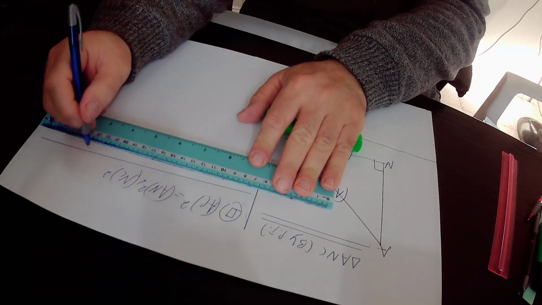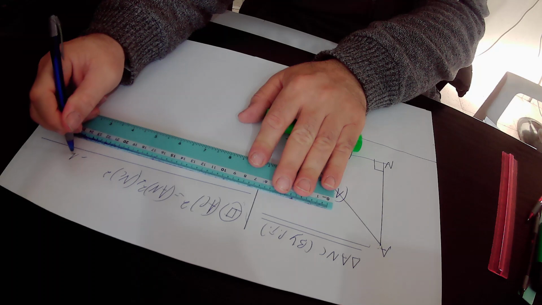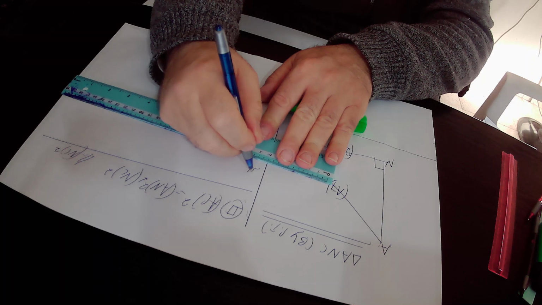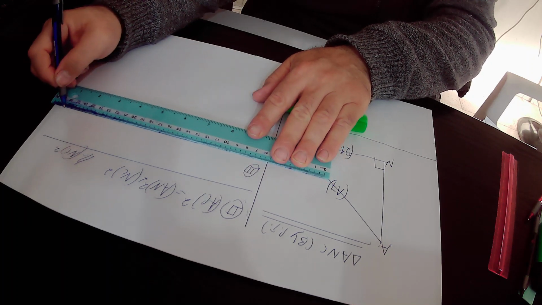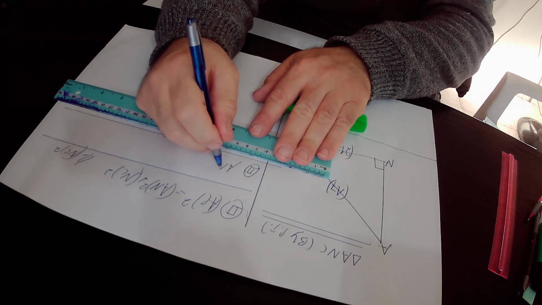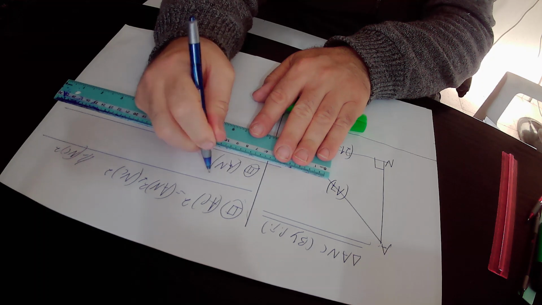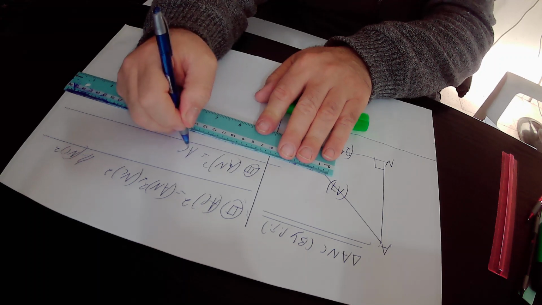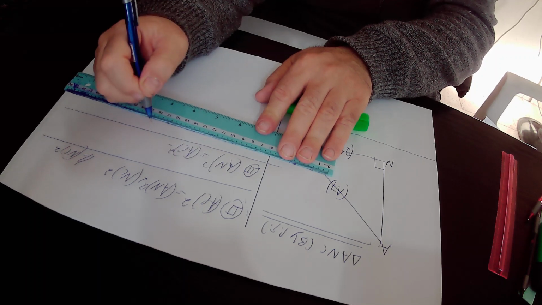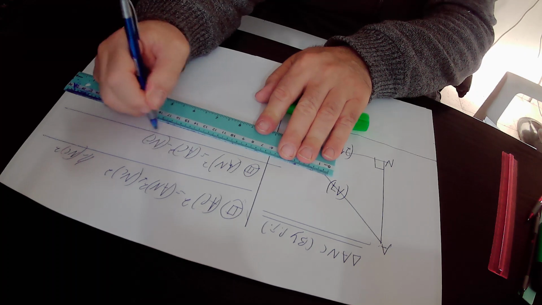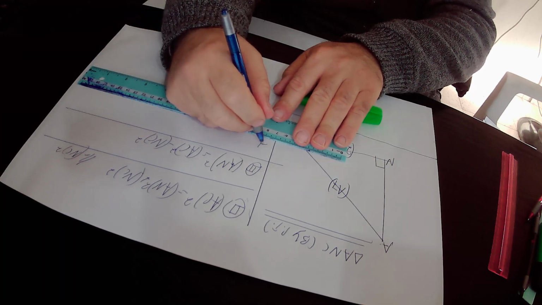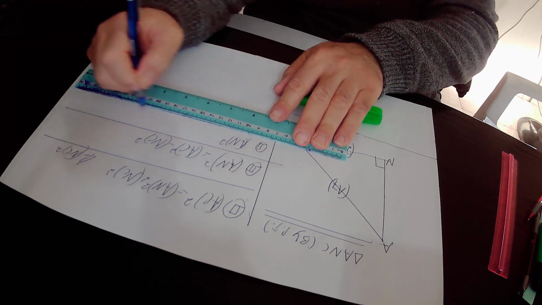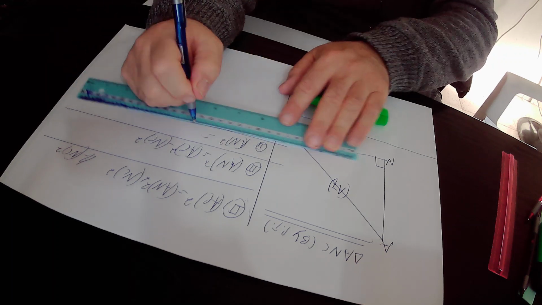So here we subtract NC square from equation 2, and we get that according to equation 2, AN square equals AC square minus NC square.